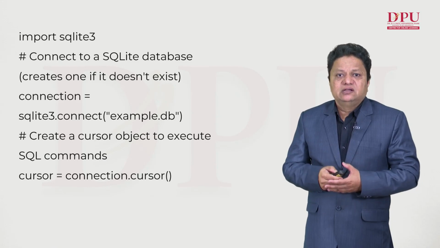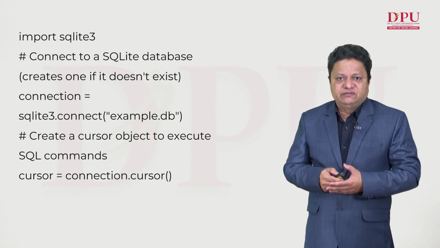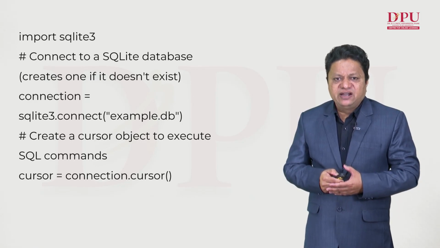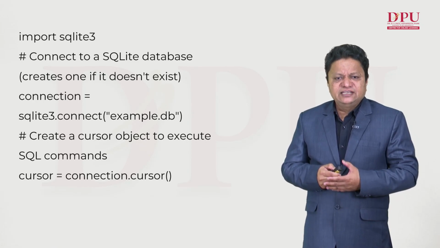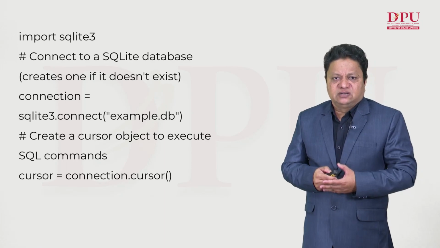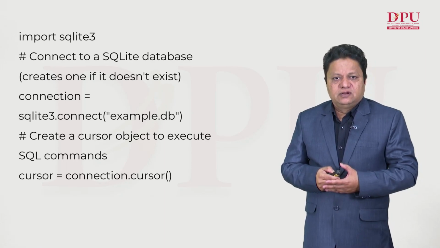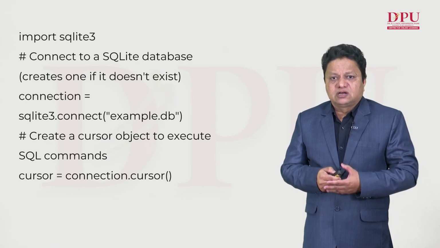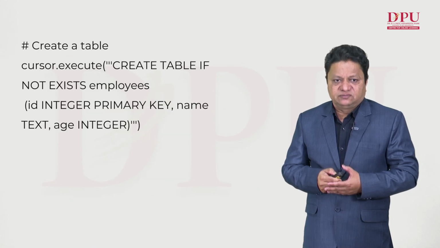You can query your SQL database with the help of the cursor object. To create the cursor object, the command is connection.cursor. We need to call the cursor function of connection. So, cursor is equal to connection.cursor method will create an instance of cursor.